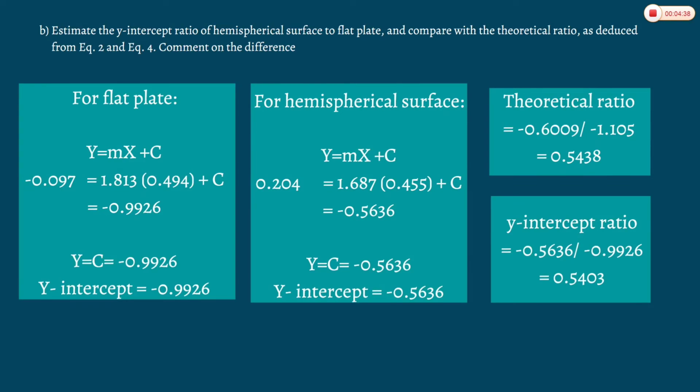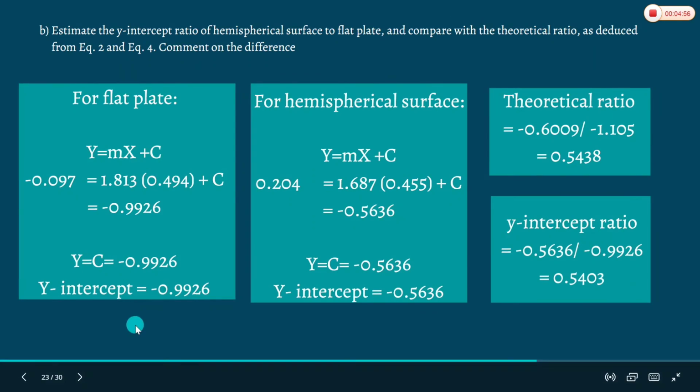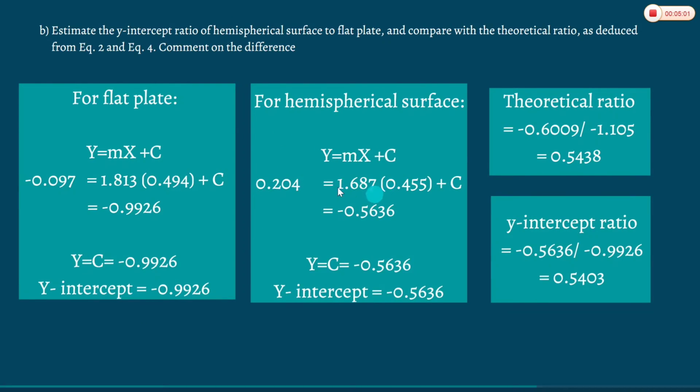So for flat plate, as we substitute into the equation y = mx + c, we get c equal to negative 0.9926. For hemispherical surface, we substitute in this equation, we get c equal to negative 0.5636. And yes, that is the y-intercept.